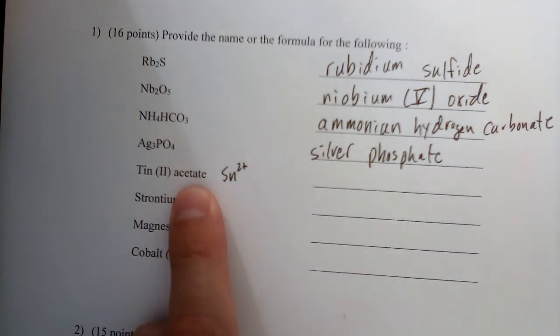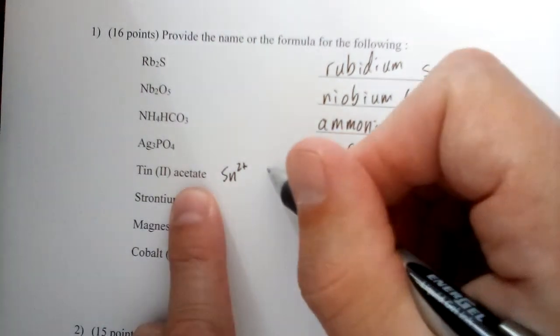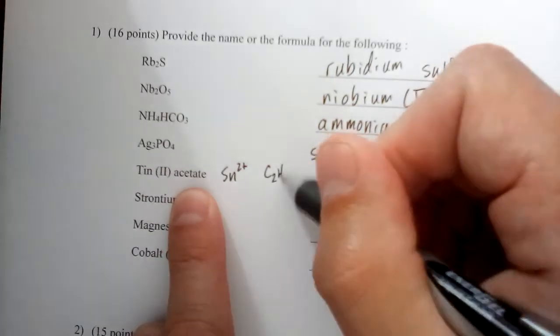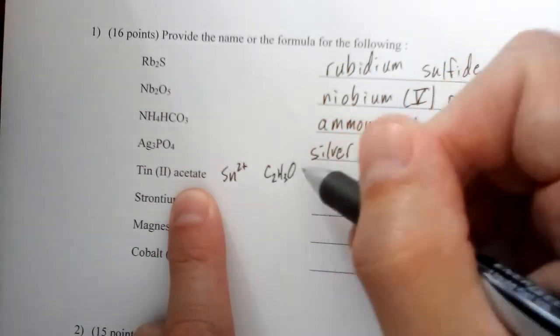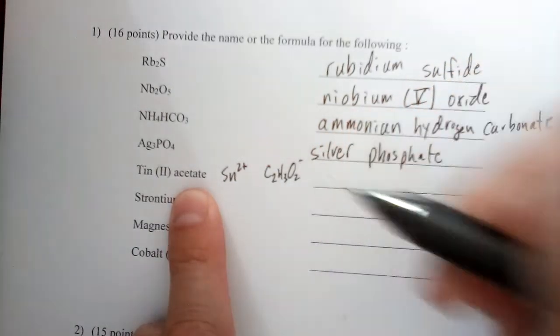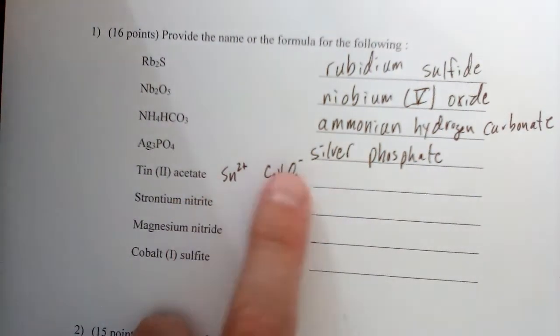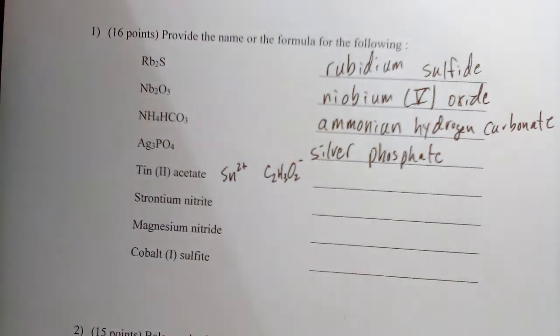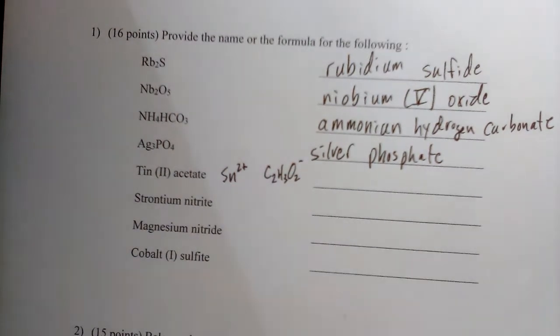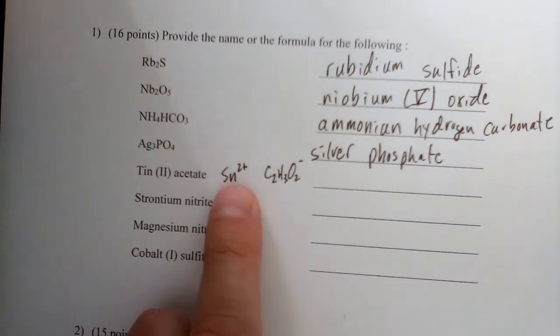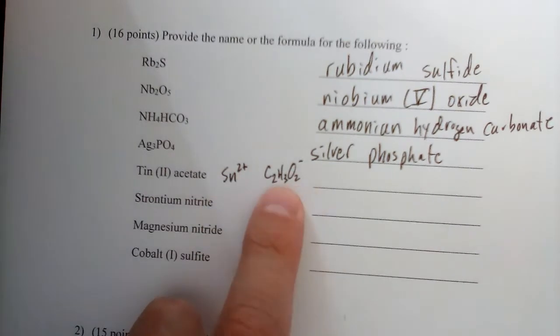Now, acetate's a polyatomic ion, and the simplest way to write acetate is the molecular formula, which would be C2H3O2, and that has a -1 charge. The charges here are what determine how you need to ratio these units when they go into a formula, because remember, we're looking for a neutral charge. If I have a +2 charge from my cation, that means I need a total of -2 from my anions.